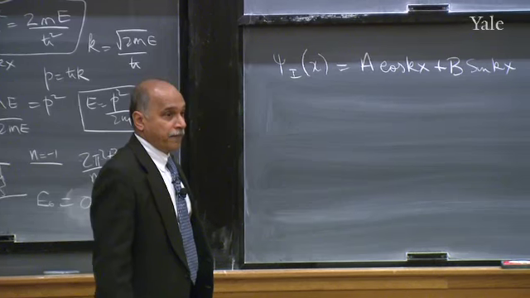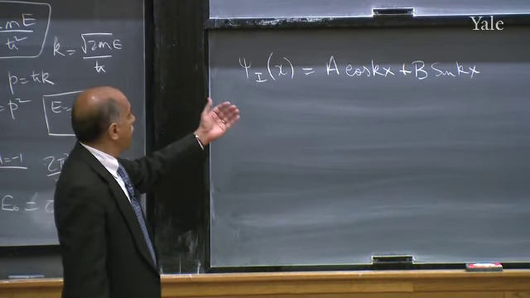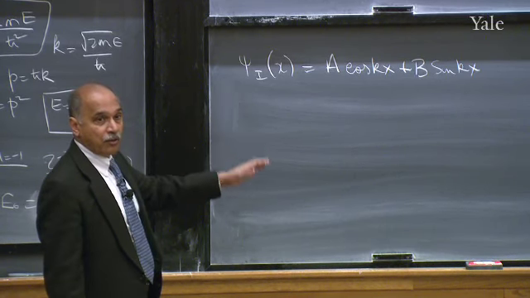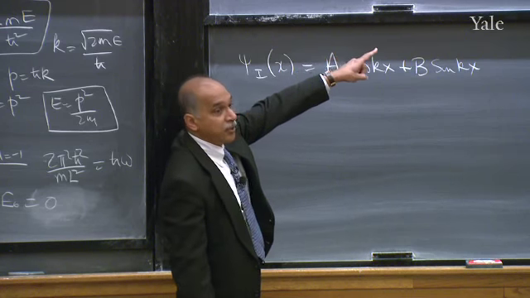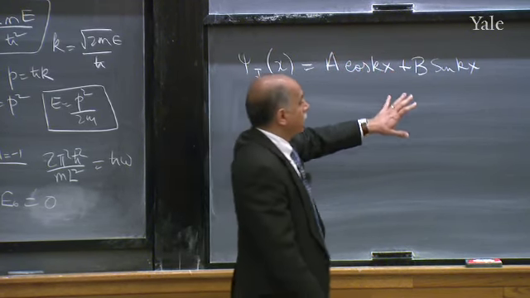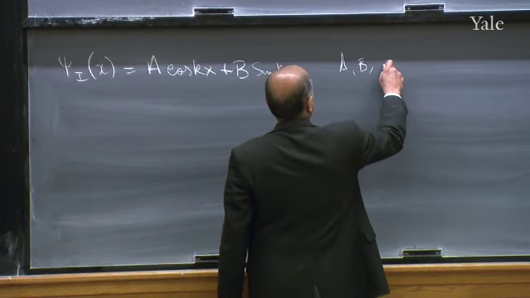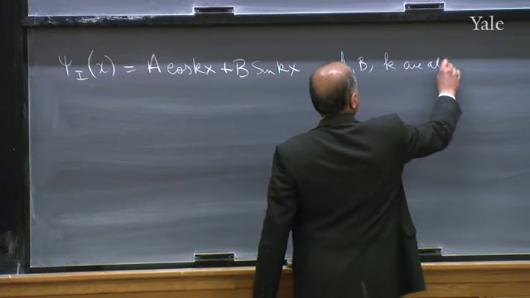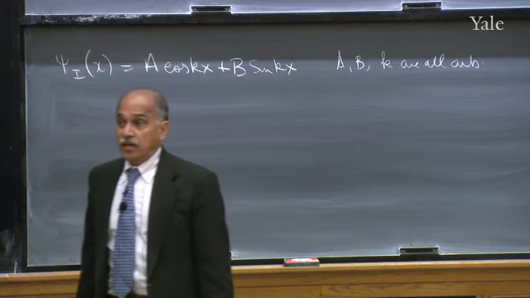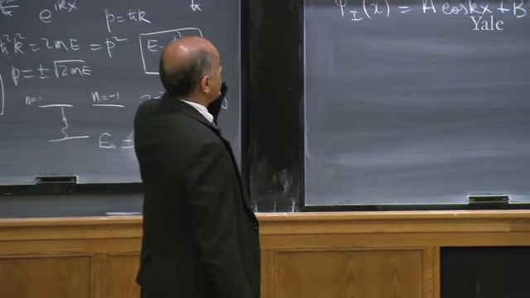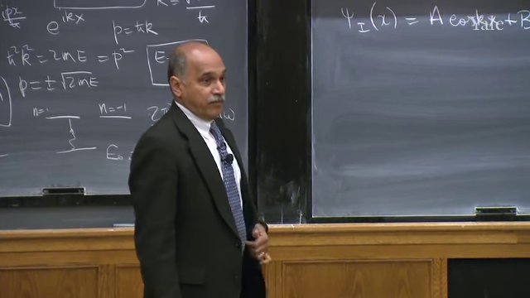We are all set. Right now, A is arbitrary, B is arbitrary, and K is arbitrary. There is no restriction at all on any of them. Do you understand that? Because if you take this function, it satisfies that equation absolutely. So the free parameters A, B, and K are all arbitrary. That means it can have any K. But the energy is h bar squared K squared over 2m, so it can have any energy.